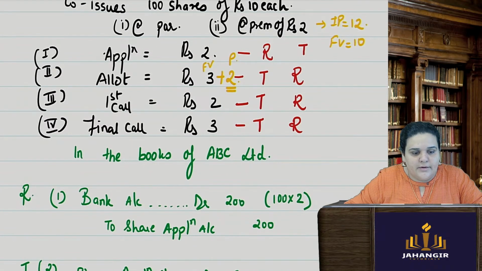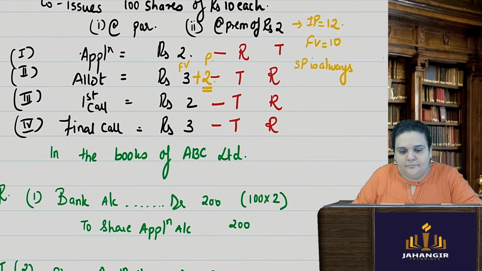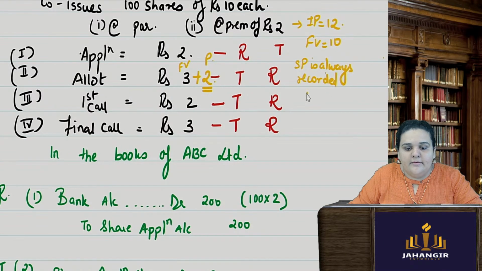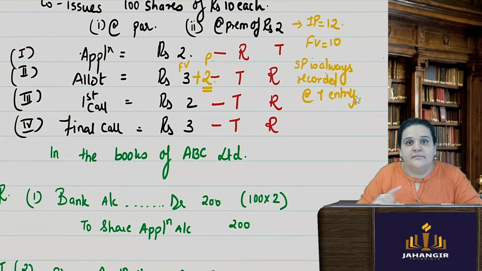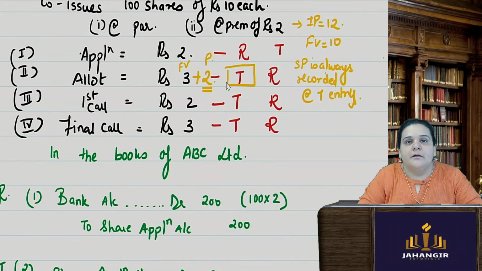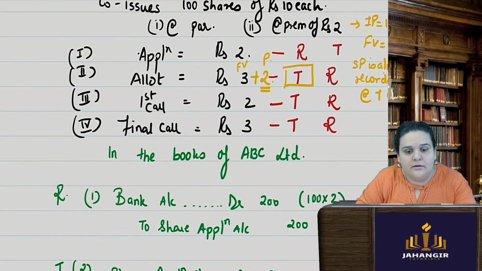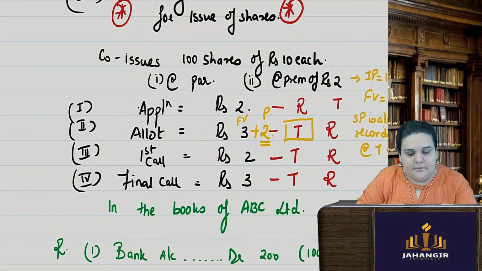Always. So at the transfer entry only securities premium will be recorded. Done. This was my second example.